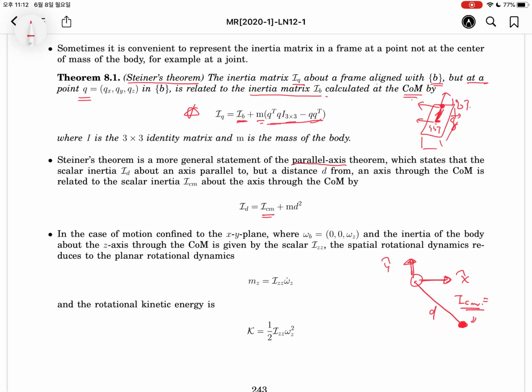At that time, in the case of this axis, it will be equal to m d squared. Actually, it is the easiest version of Steiner's theorem. Steiner's theorem is about a three-dimensional case, but if you reduce your attention to the one-dimensional case, then we have the parallel axis theorem.